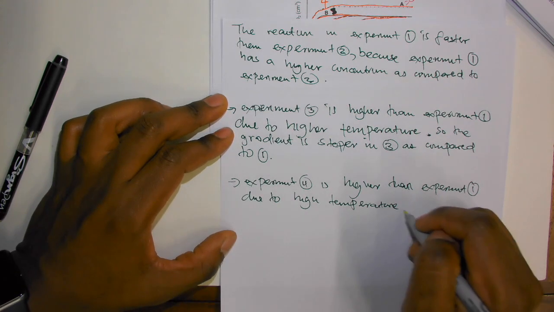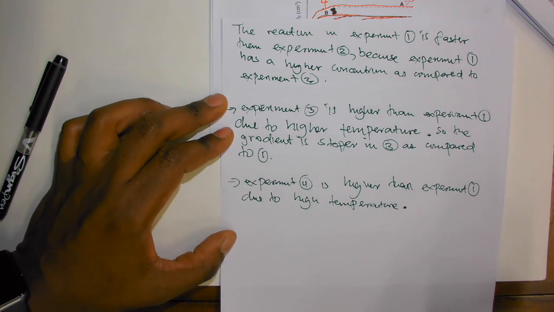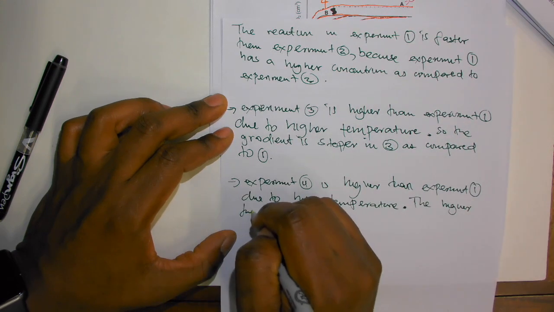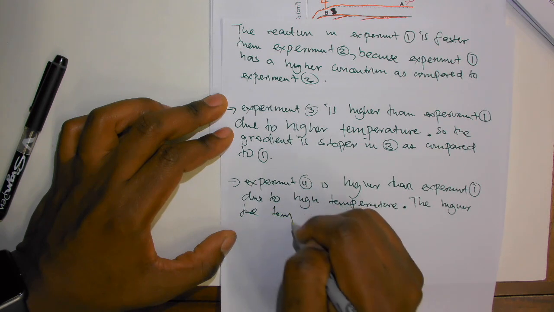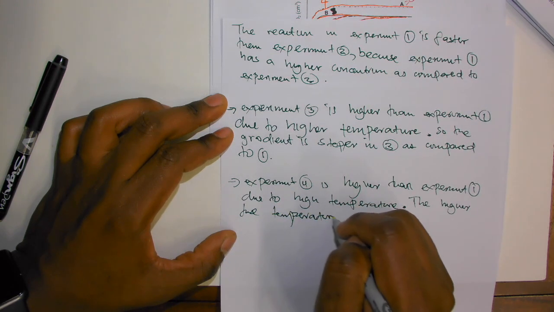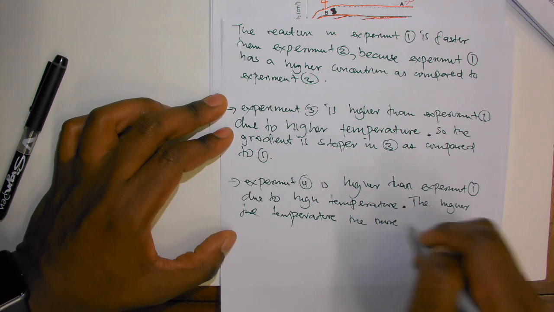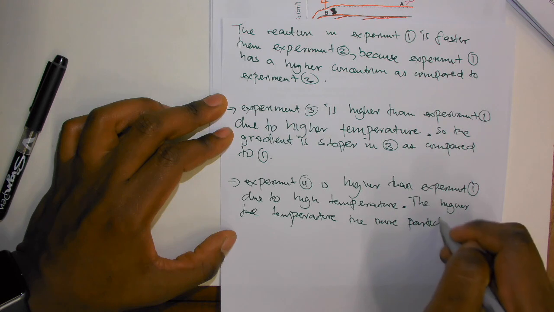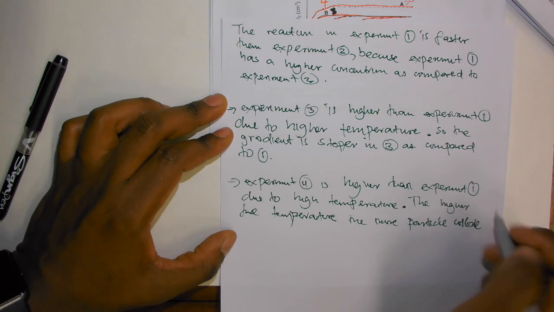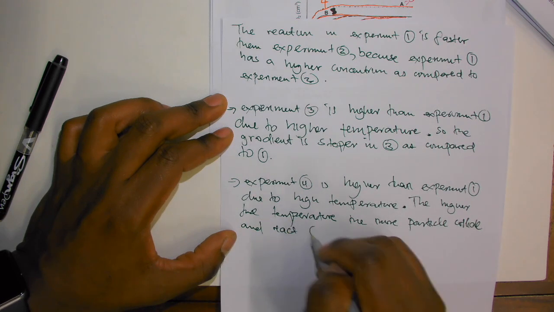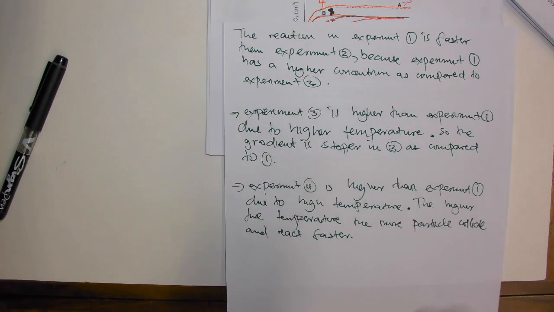The higher the temperature, you can explain that. The higher the temperature, what happens? The more particles collide and react faster. So that's what they wanted you to explain there. Then you are good to go. You have all the 6 marks in there.